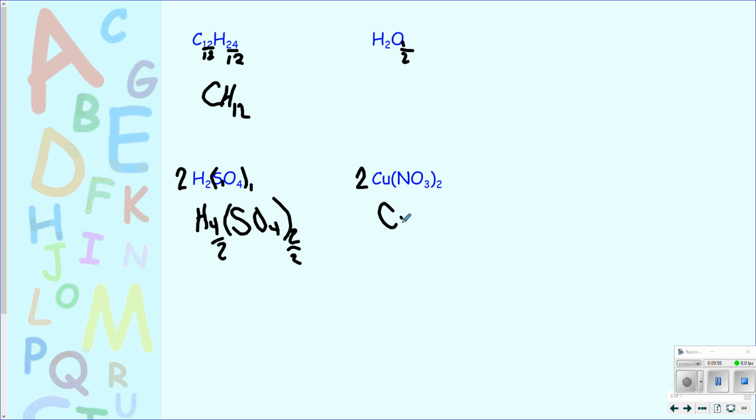So that means our formula would be Cu2 parentheses, NO3 parentheses, and then that would be a 4. So this is very similar to the homework that you're going to be practicing.